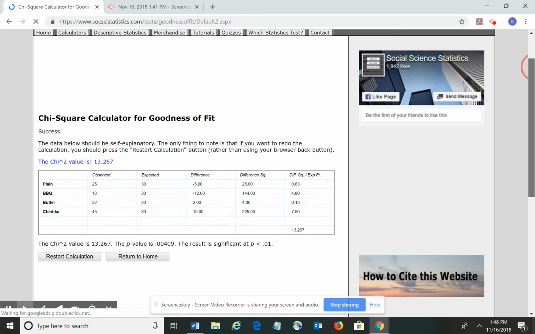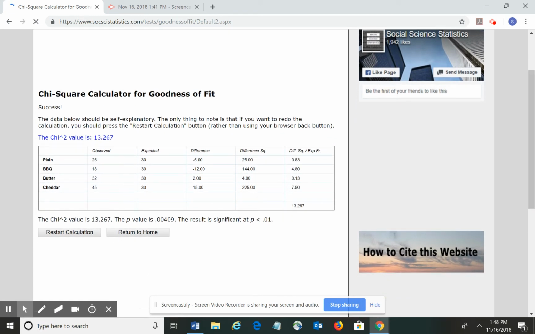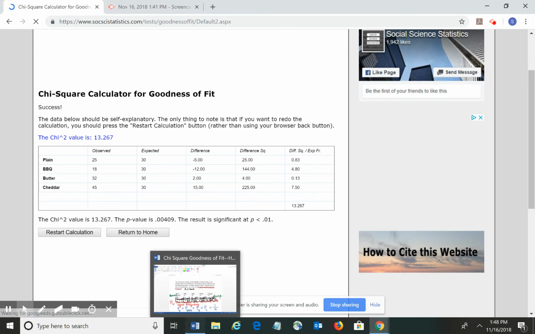Okay, so it tells us the chi-square value is 13.267 and the p-value is 0.00409. So I'm going to write that down.